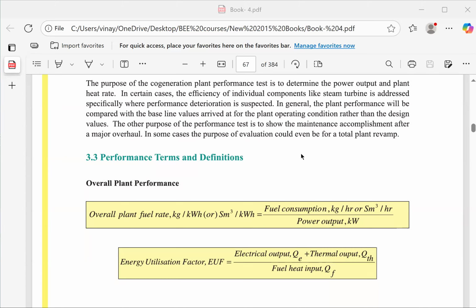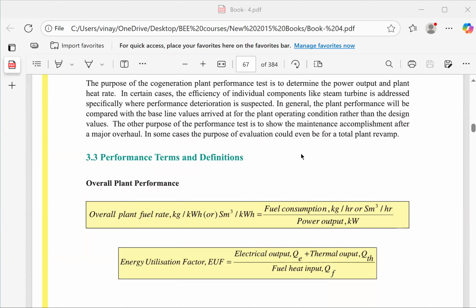When you are using a solid fuel, for example coal, biomass, rice husk or other, it is measured in kgs. If you are operating a plant, boiler or the entire plant, you are using heat generated by the fuel. So fuel in kgs multiplied by the gross calorific value of that fuel will give you the total heat you are putting into the system.